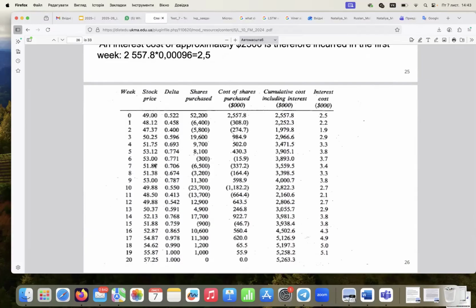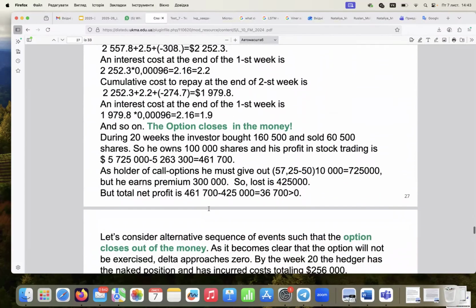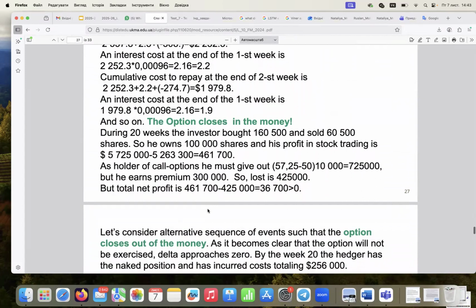Do you understand this value, this table? But if you have the possibility to trade by option, it's fantastic. But you understand that it cannot always be so.